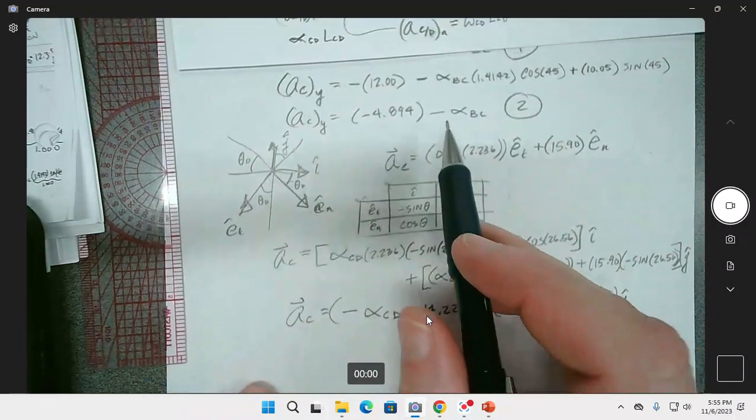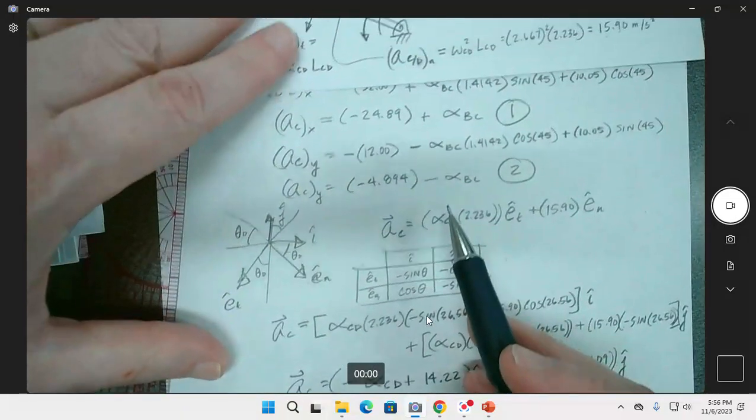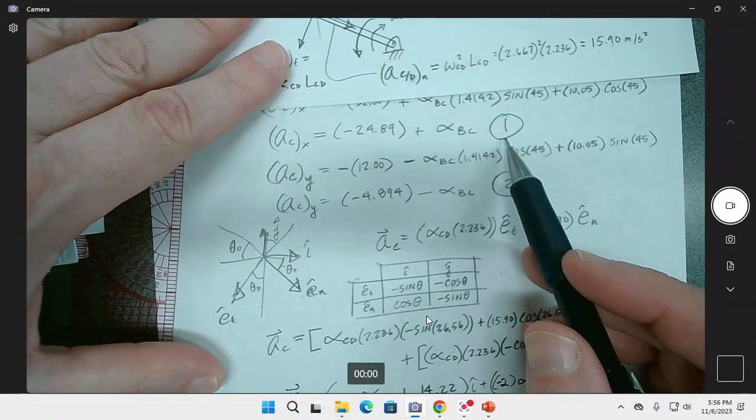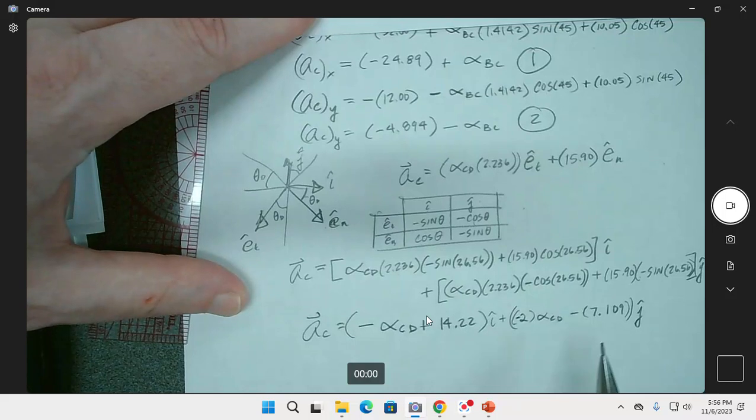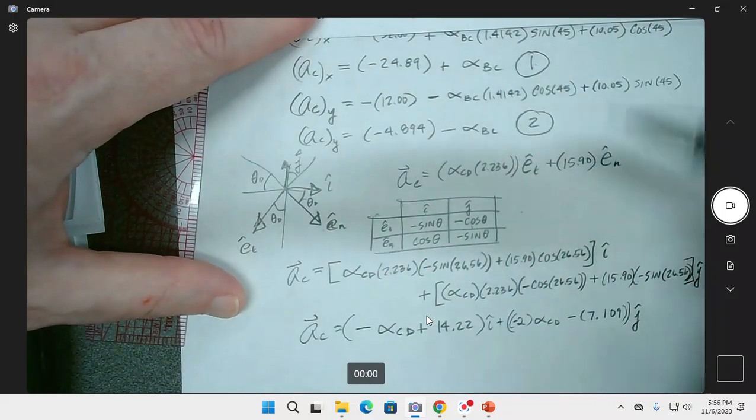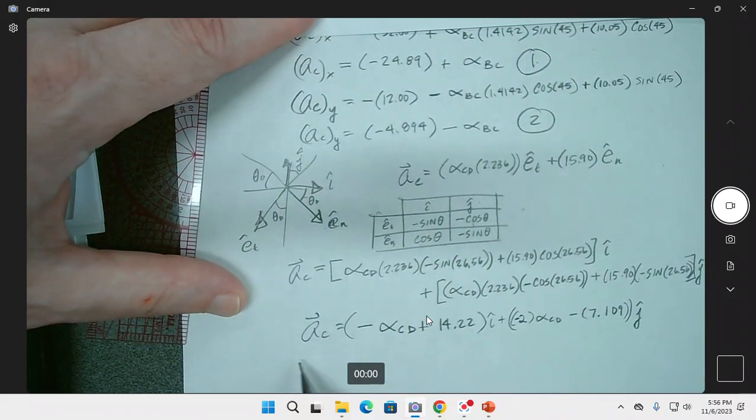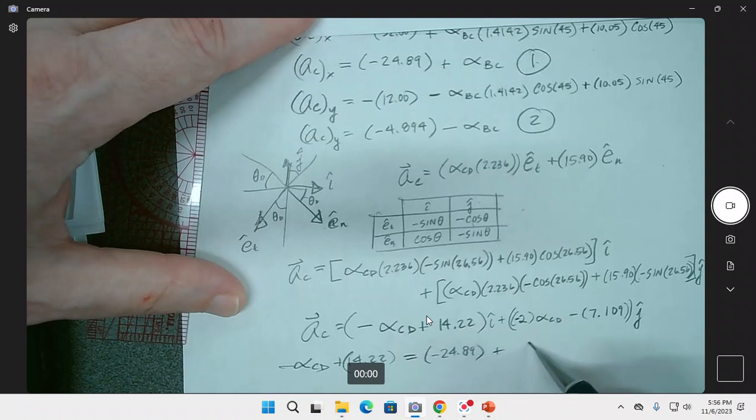We could set these equal to these others, right? We have two equations and two unknowns now. We have this one, so we could say that we have negative alpha CD plus 14.22 is going to be equal to negative 24.89 plus alpha BC.